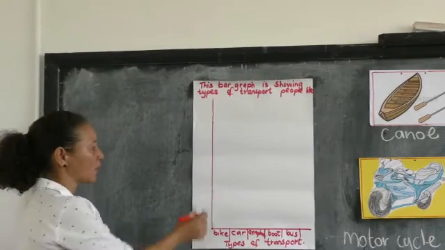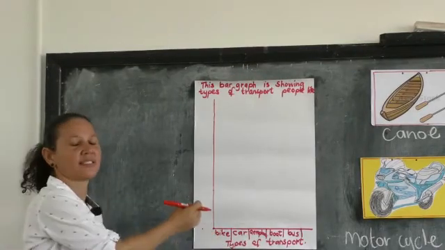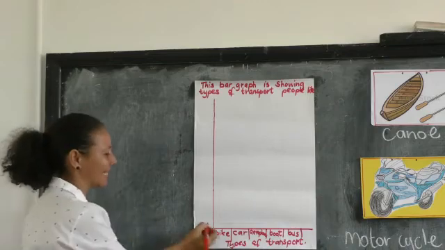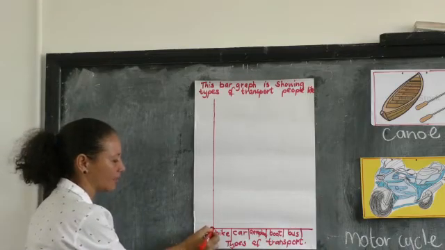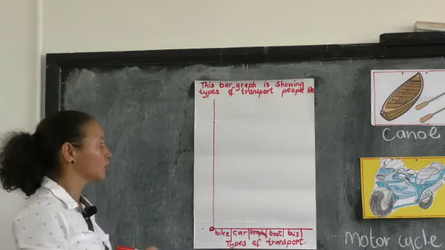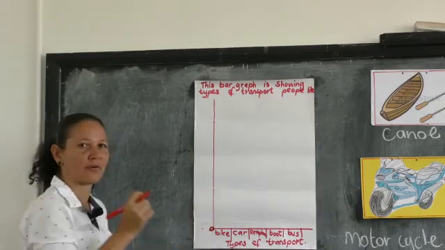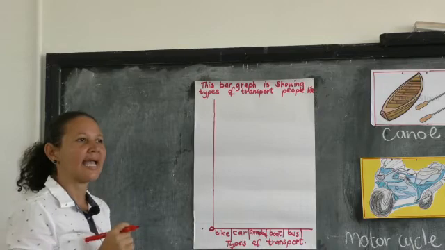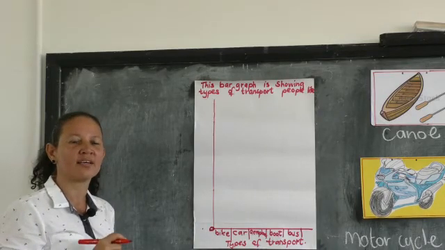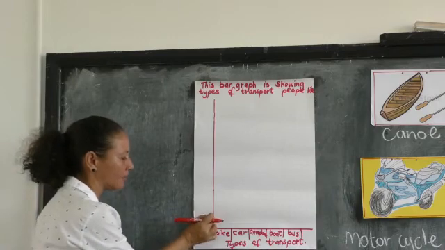Okay, so now we're going to write the numbers on the second axis. So when we write the numbers, ensure that 0 is always here where the two lines meet. We are going to take one square for each number. Ensure that when you write your number, it's written on the line, not in the middle of the squares.